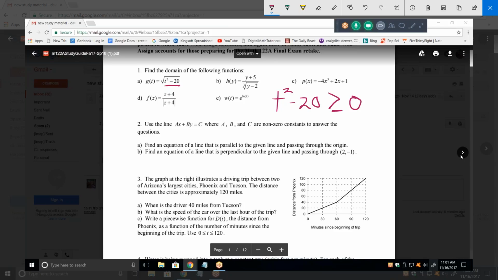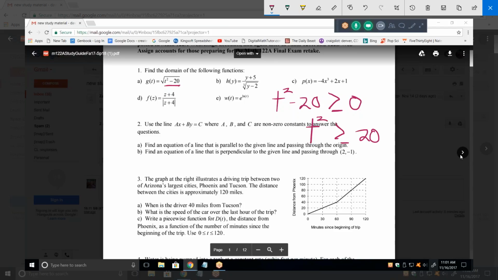So whenever you see a radical sign like this, actually a square root sign, because cube root is different, whatever's under that radical sign, make it greater than or equal to 0 and solve it. Now, the solution is not necessarily obvious.